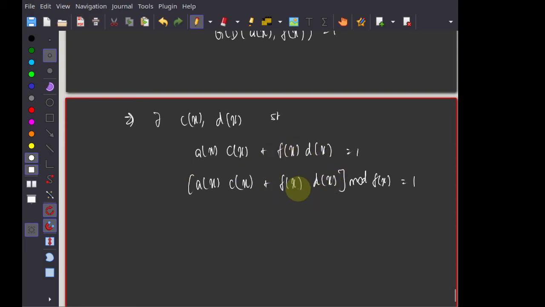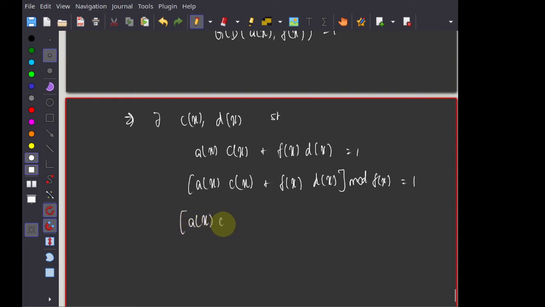But what about the left hand side? This is a(x) c(x) mod f(x) plus f(x) d(x) mod f(x). What is the second term equal to? What is the remainder when f(x) times d(x) is divided by f(x)? It is 0. So f(x) d(x) mod f(x) is equal to 0. Correct?